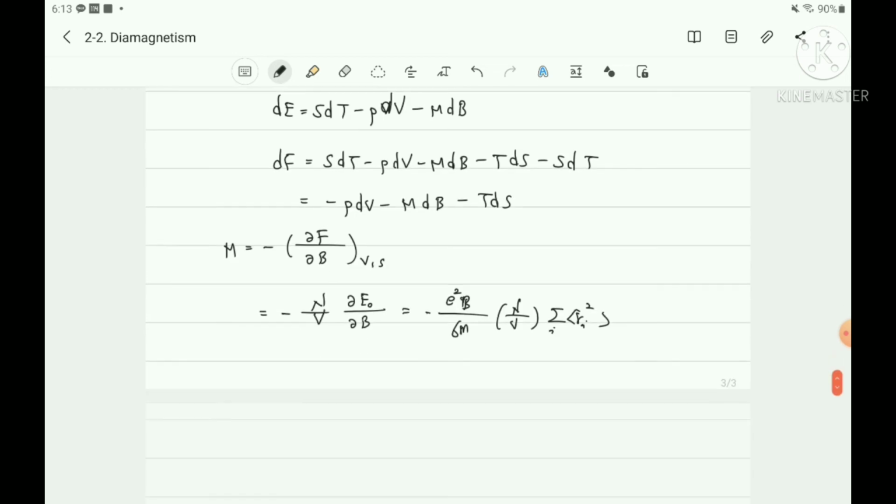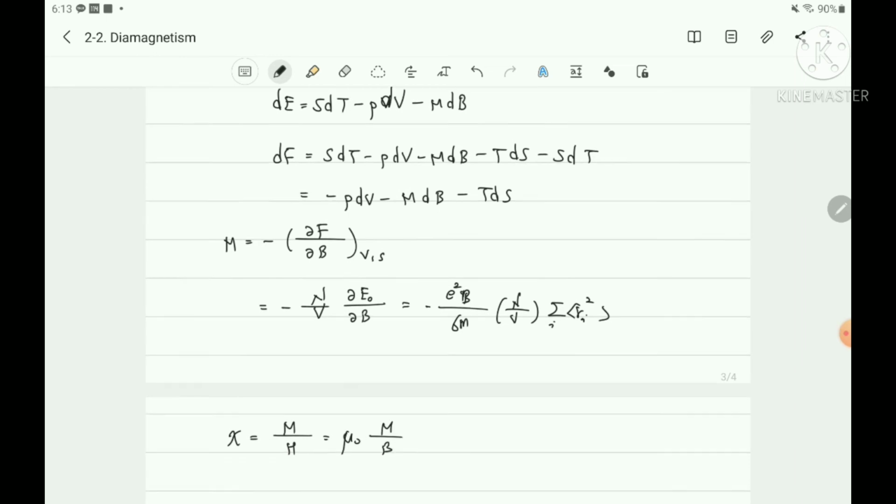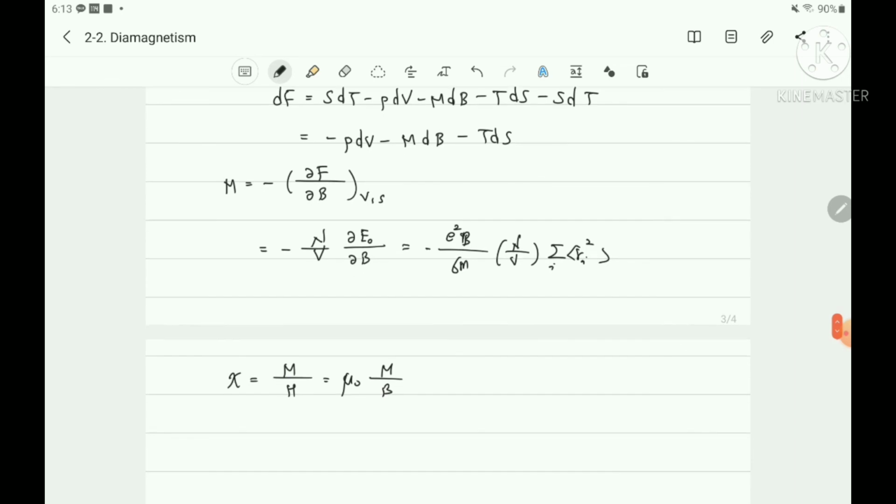Therefore, the magnetic susceptibility chi is M over H, in other words mu 0 M over B. Therefore, this magnetic susceptibility is minus N over V e square mu 0 over 6m, summation for i equal to 1 to g of Li square. Therefore, it is a negative value. Negative value means that it is diamagnetism.